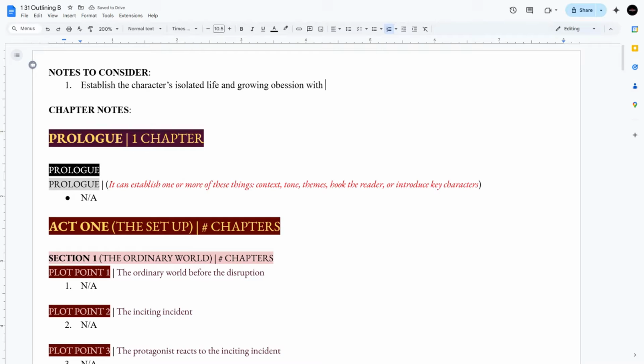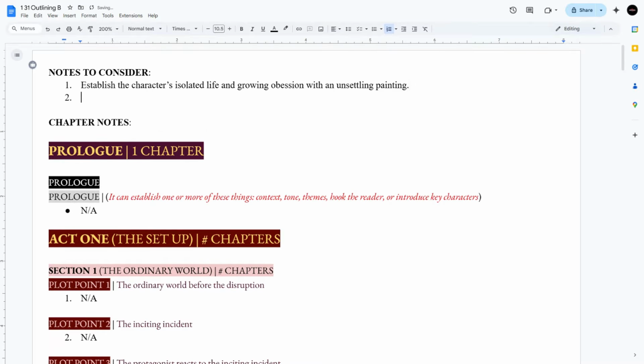Ooh, let's make it a little horror-y and also mystery. An unsettling painting. All right, so that's a note that I want to consider. That is brainstorming. But what else do I want? How do I want the story to go?